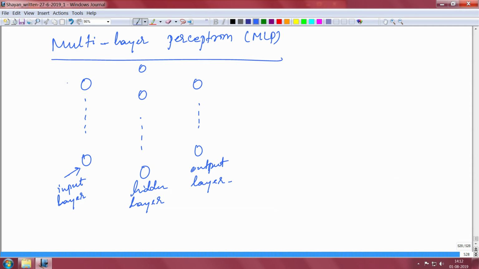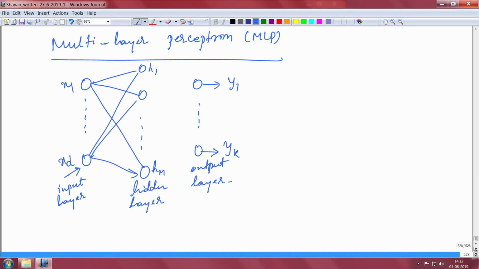So, let us assume that we have input from a d-dimensional space and we have capital M number of hidden neurons and we have k output neurons, and this network multi-layer perceptron is a fully connected network, in the sense every neuron is connected with every other neuron.